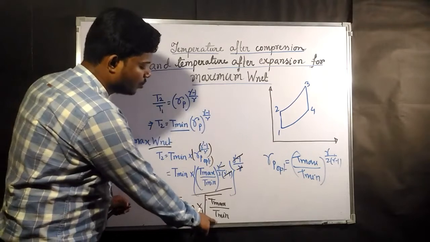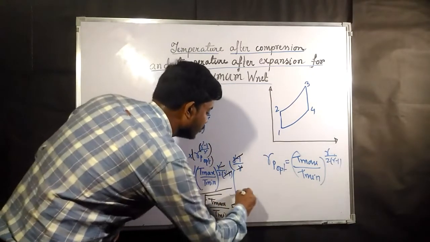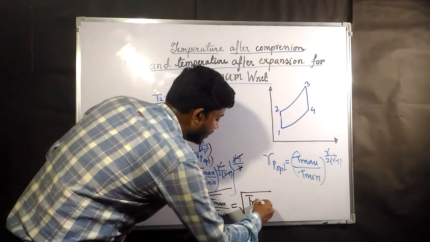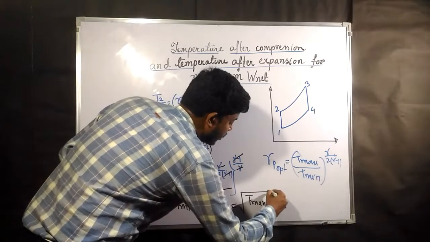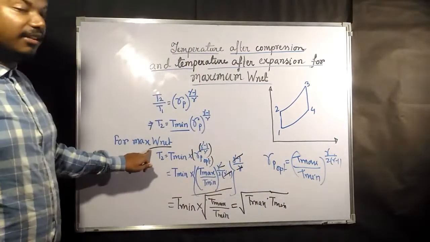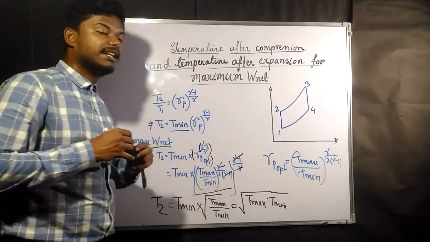So here is root T min, here is root T min. If you simplify this, you get root over T max into T min. That means for getting maximum W net, the value of T2 should be root over T max into T min.